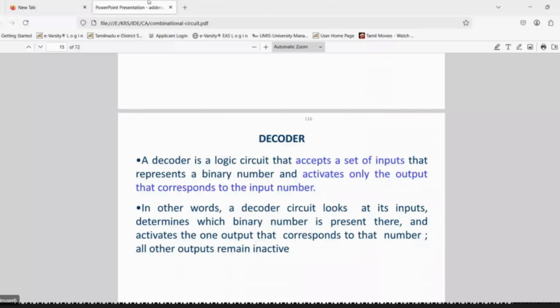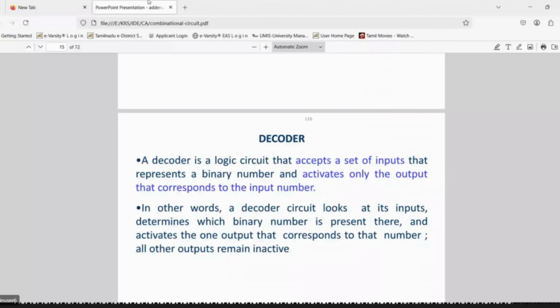For example, if there are n input lines, the maximum possible output lines are 2 power n, or less than 2 power n. For binary to octal conversion, there are 3 inputs and 8 outputs, 2 power 3.